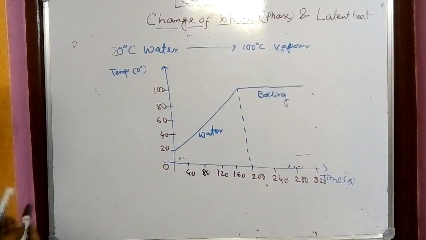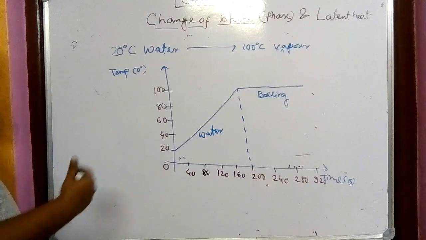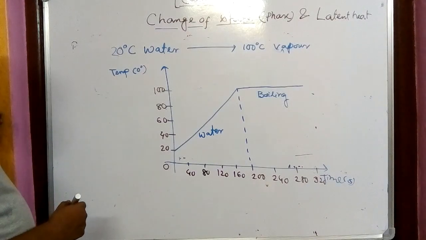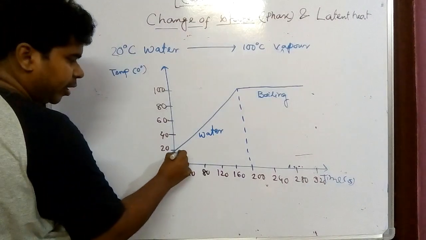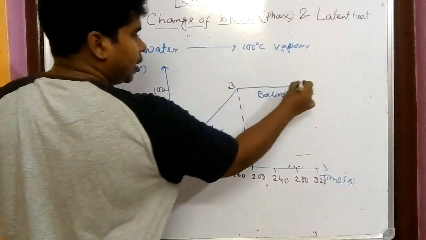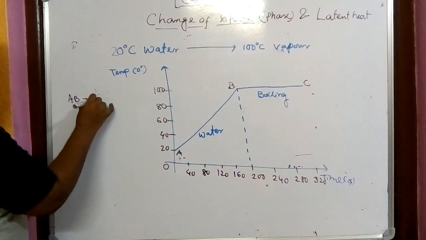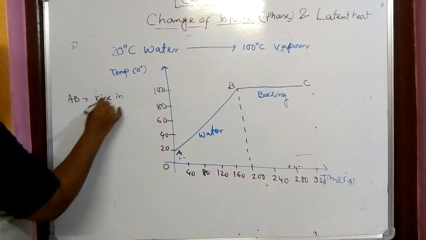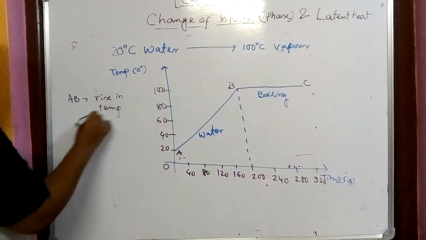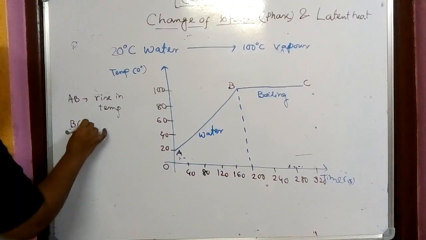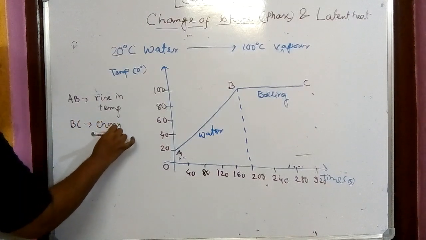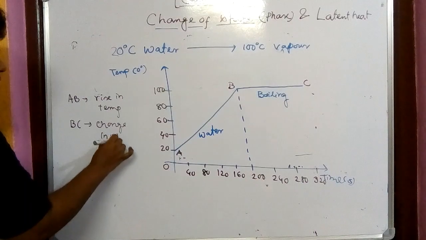The straight line is because, as the state change occurs, the temperature will not change. If I name the points A, B, C, then AB gives us the rise in temperature, and the BC portion is the change in state.